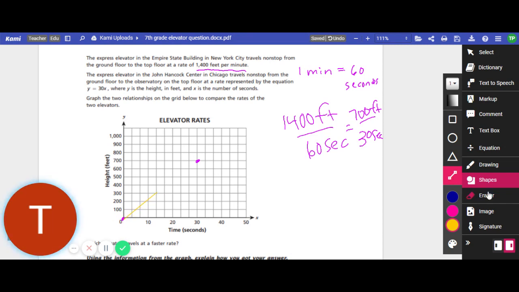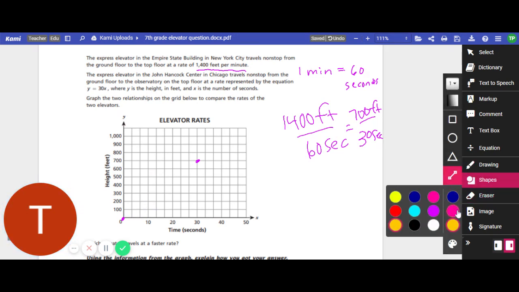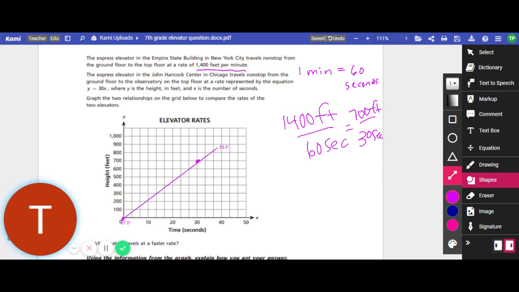I kind of want that to be purple, so let's change the color there. Let's go back to the shapes, go back to the purple, and I'm going to draw my line that goes through those 2 points. I want to make sure it goes through them, and then I'll release it. So there's my line for the Empire State Building.